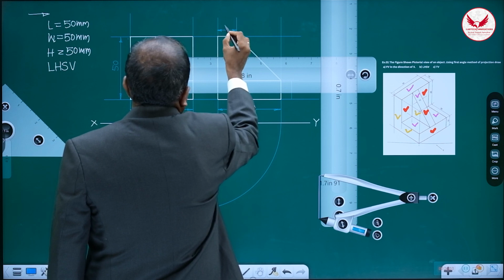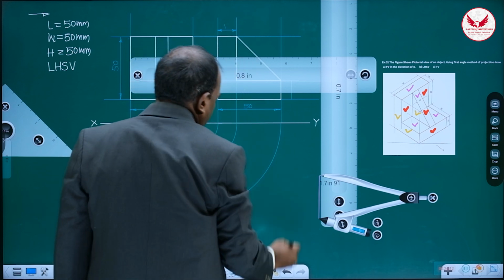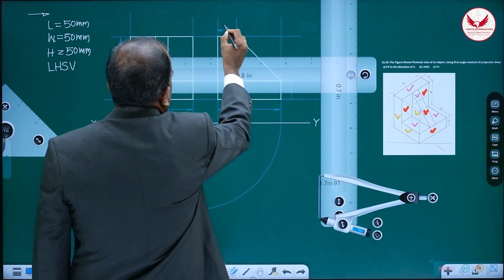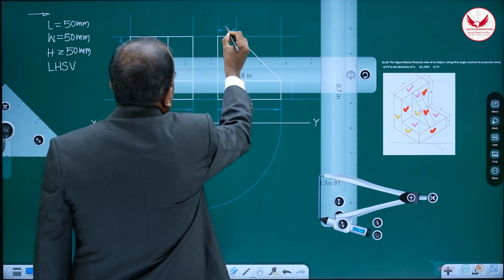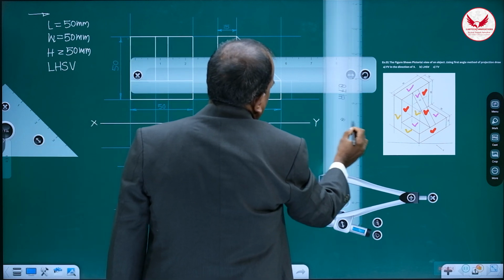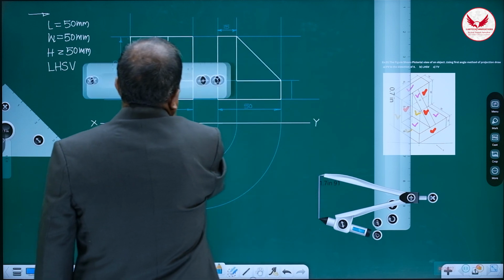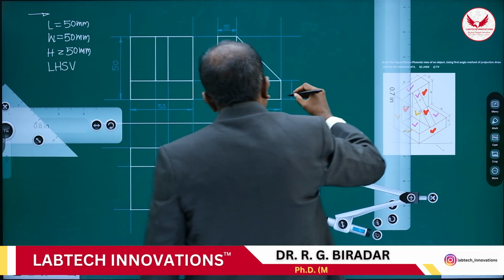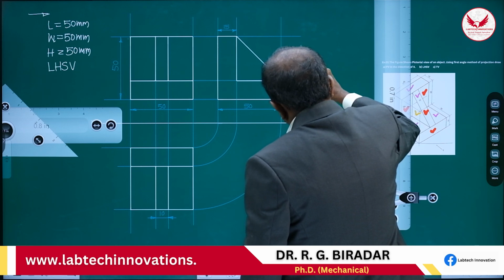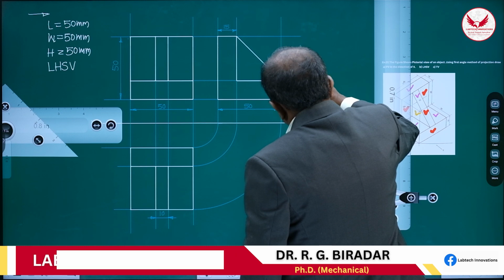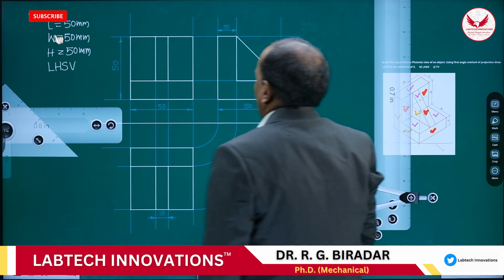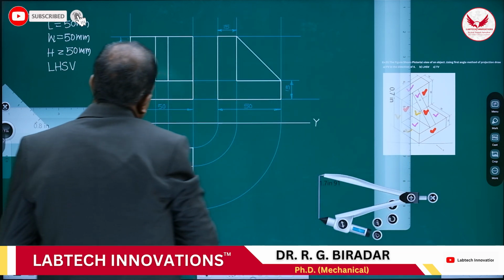So this filled arrow, it is 15. It is 15. And this is also 50. Parallel to that line, you have to give the dimension.